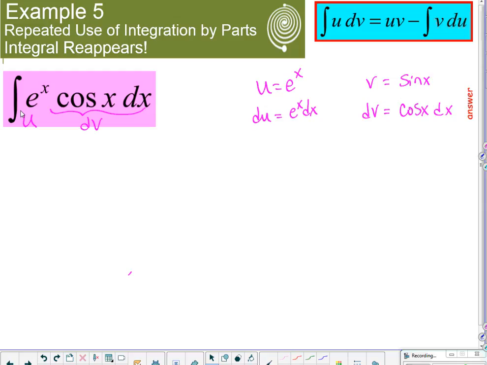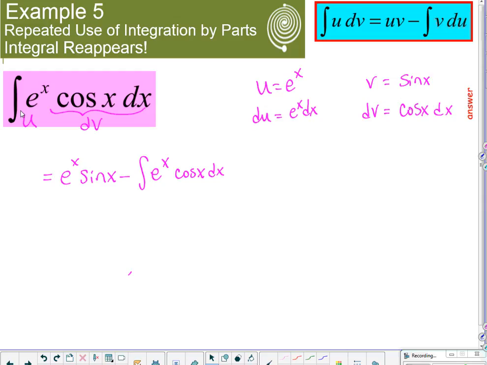Now, let's do our integration by parts. This will equal u times v minus the integral of e to the x cosine x dx. And maybe this is starting to come back to you because we looked at these last year. They cycle back.